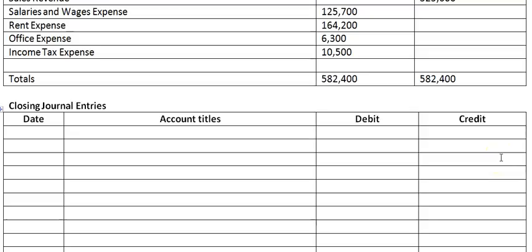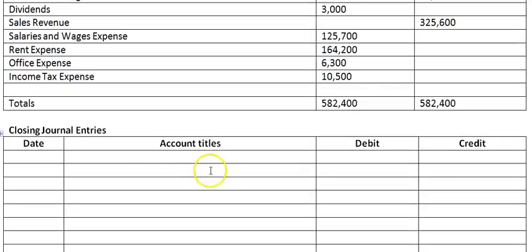We're going to debit each revenue account for the amount of its credit balance, credit each expense account for the amount of its debit balance, and then record the difference in retained earnings. And if we've done it correctly, the amount credited to retained earnings should equal the net income on the income statement. So let's start by debiting sales revenue here.